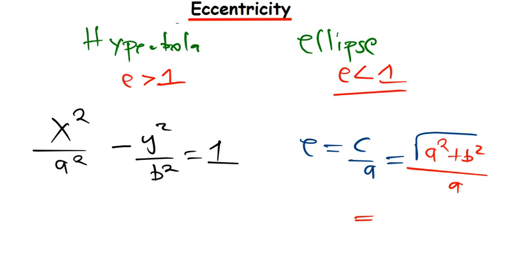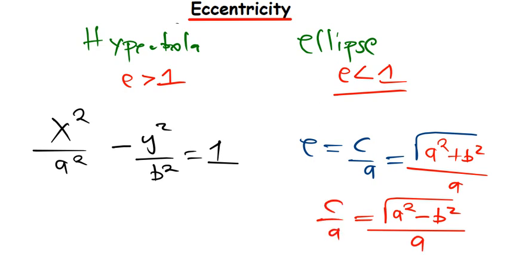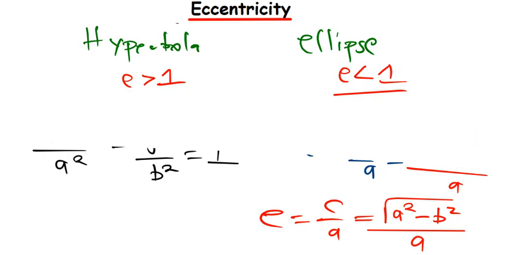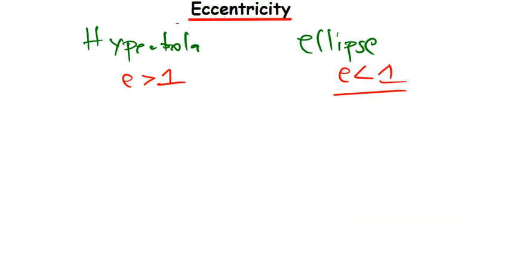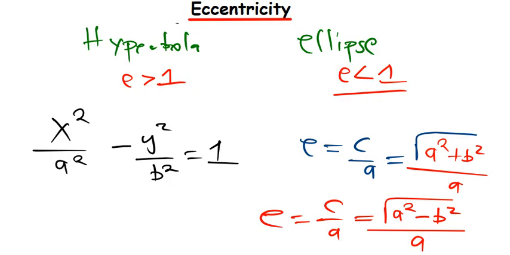Since it's supposed to be less than 1, it's a squared minus b squared, so c over a. That's how we find the eccentricity of an ellipse. I've given you a lot of tips that can help you remember the formulas for both of these. The basic form of the equation of an ellipse is in terms of addition, right?